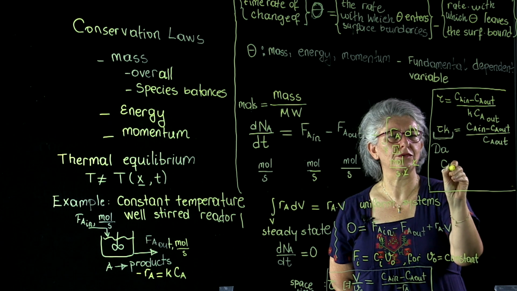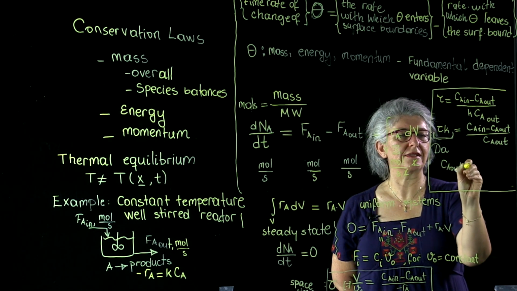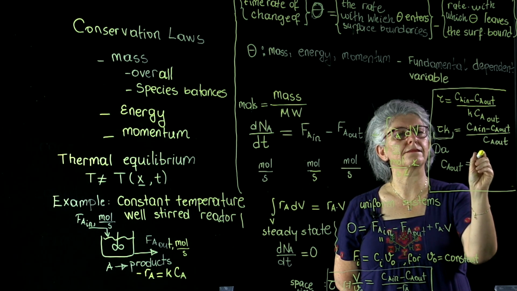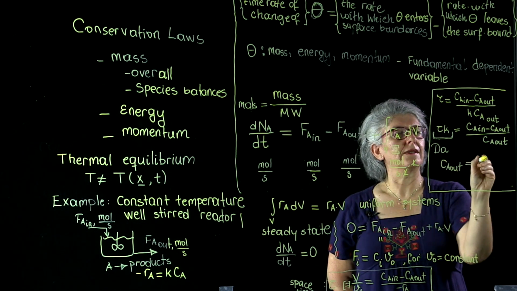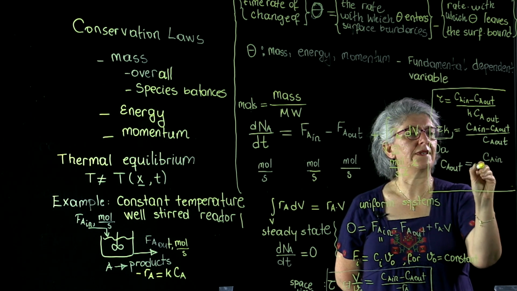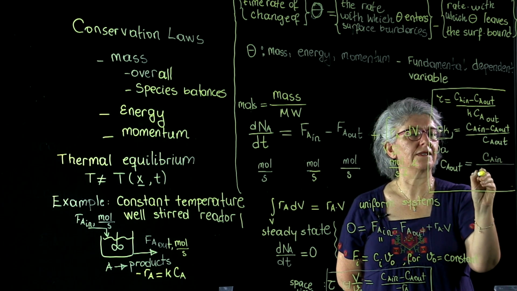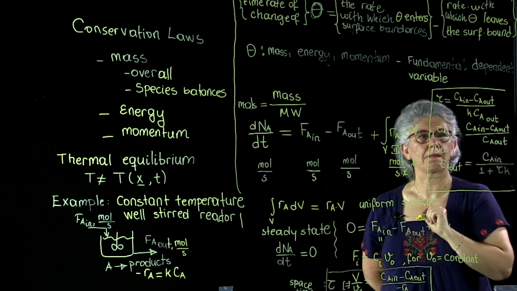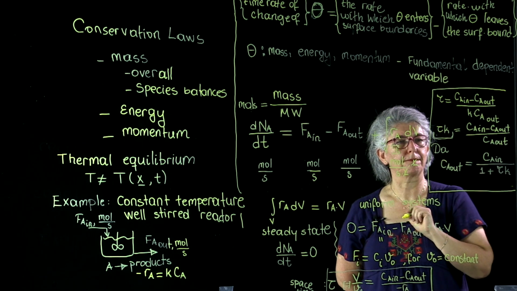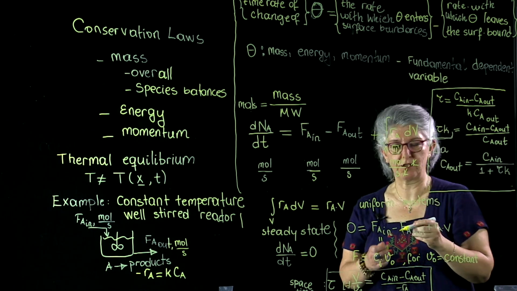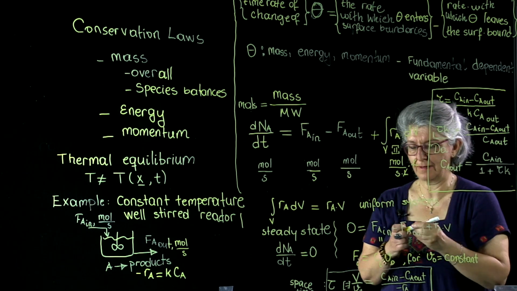CA out is CA in divided by 1 plus tau K. So, what does this equation tell us?